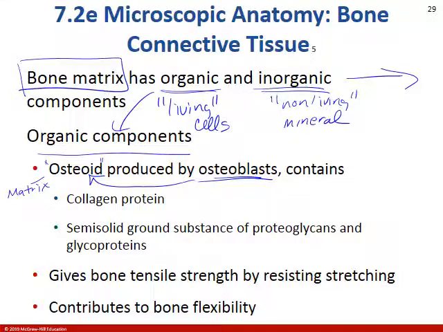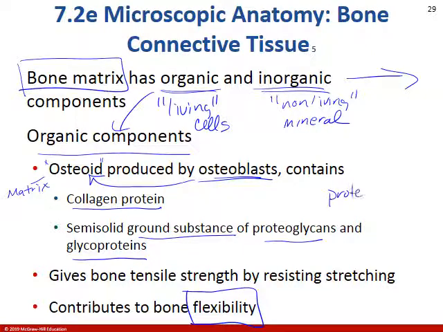What's inside the osteoid? Well, there's collagen, so that should be telling you flexibility, right? There's also some ground substance, and there's some proteoglycans and some glycoproteins. Both of these things are proteins plus sugars. This is kind of complex, and these are a little bit more simple, but they're the same.